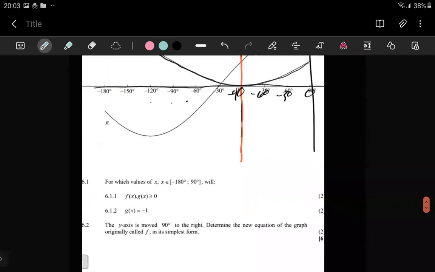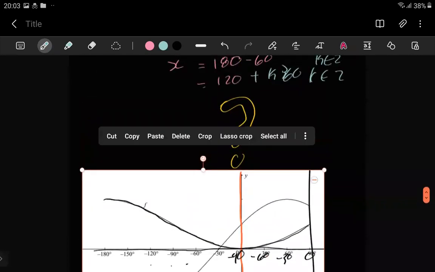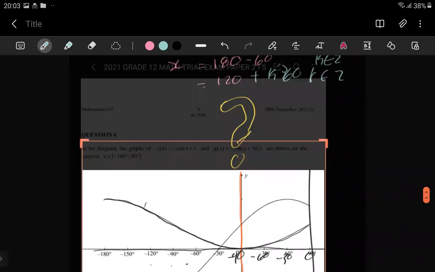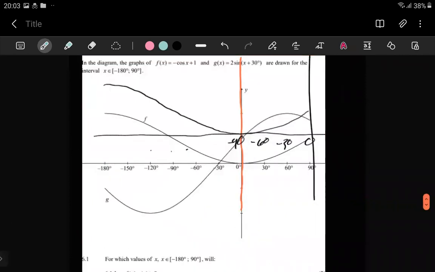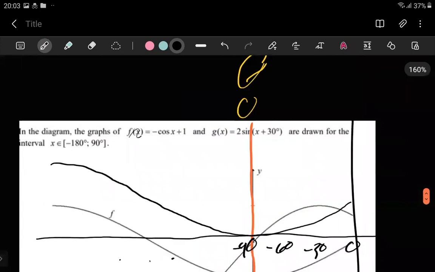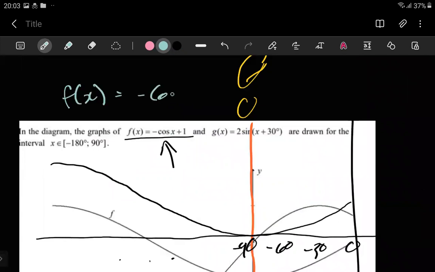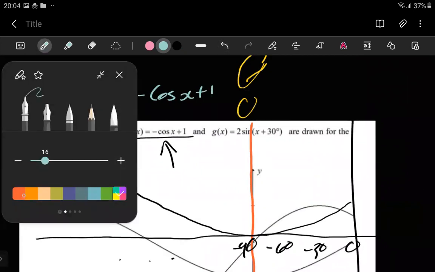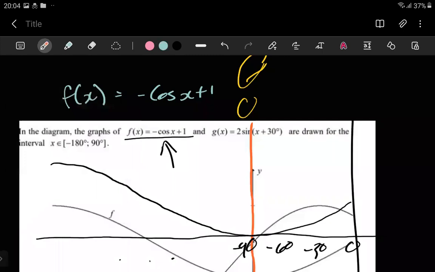So if f was moved 90 degrees to the left, what is its new equation? We need to take it from this, because the original f of x is equal to negative cos x plus 1.